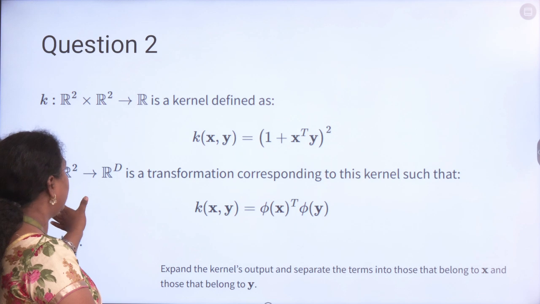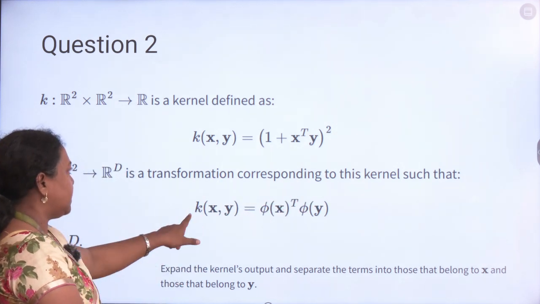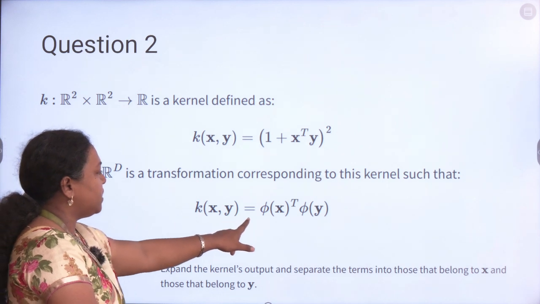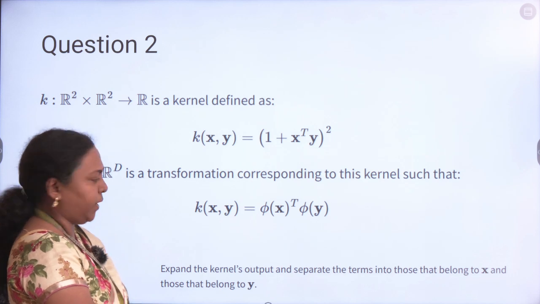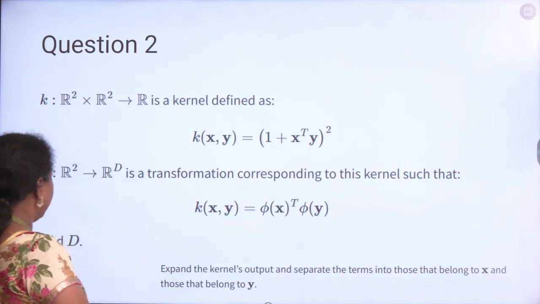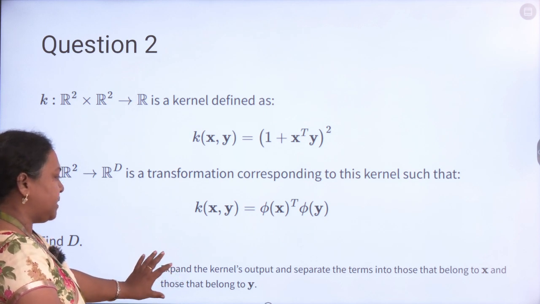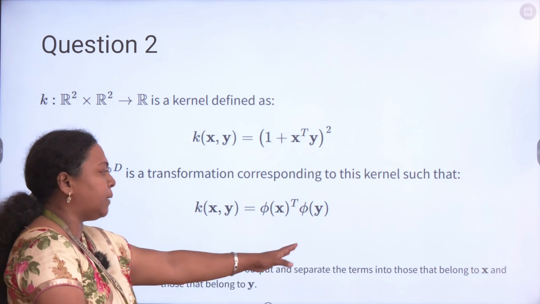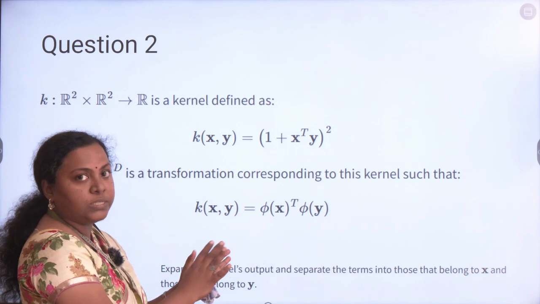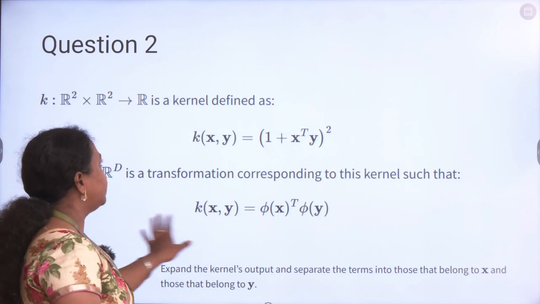We have to find the transformation corresponding to this kernel such that k(x, y) = phi(x)^T phi(y). So what is the idea? We have to find out what this d is. The basic idea is to expand the kernel's output and separate the terms into those that belong to x and those that belong to y. Let's see the solution.